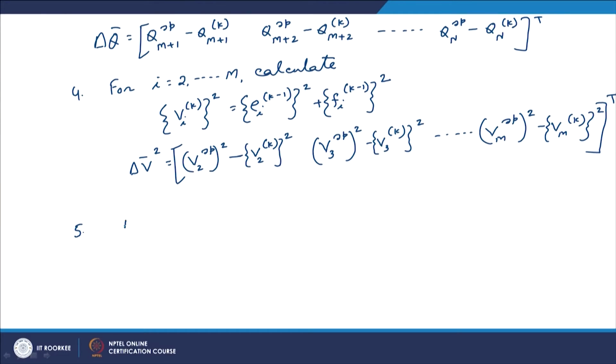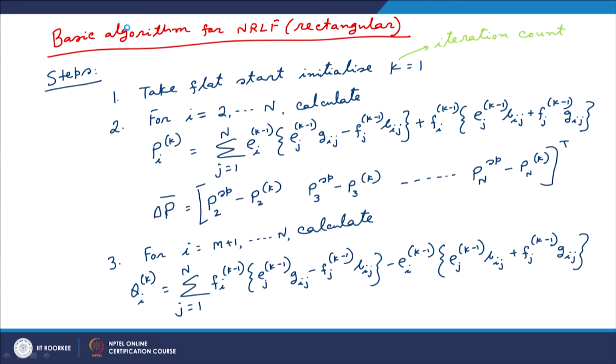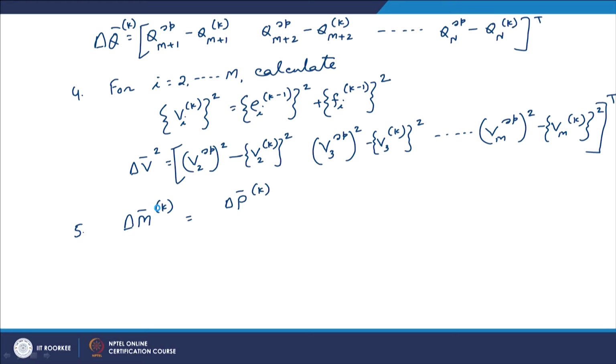So then after that we form the delta m vector at the kth iteration as delta p vector at the kth iteration. We should also write k here, and here.